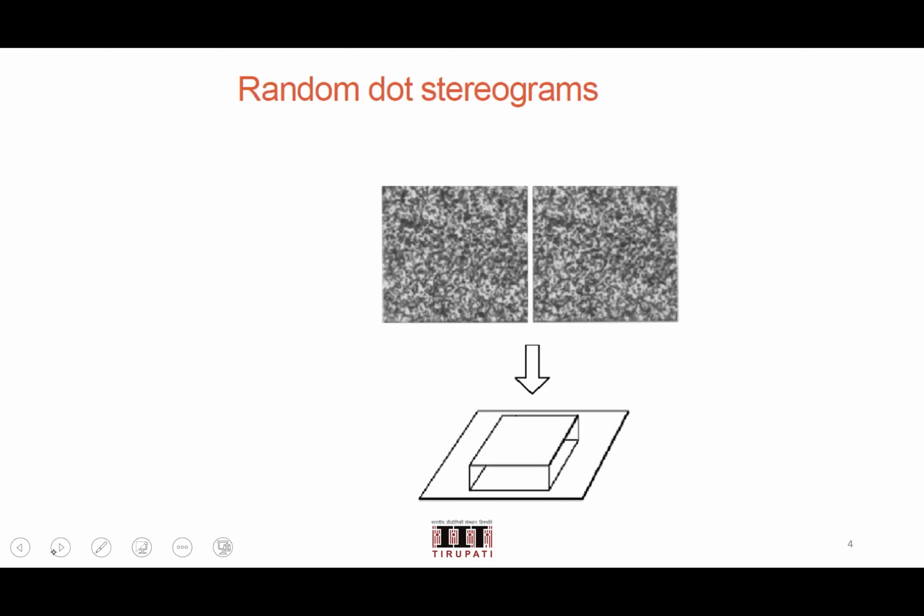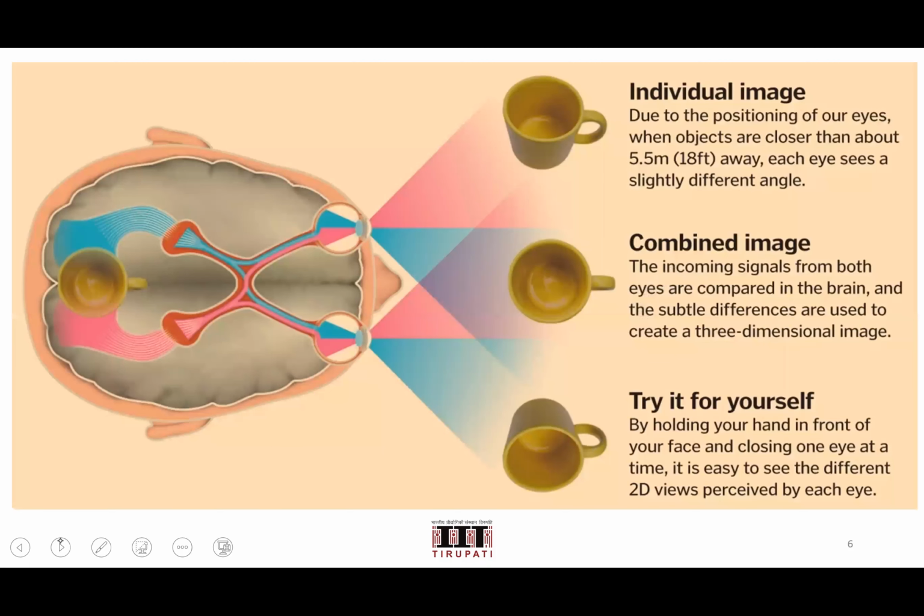So fusing, for example, maybe this is better. Okay, look at this image. Let me go to pen mode. Assume that this is the left eye. You got one image from that, correct? And there is another image that your right eye is capturing. Fusing is combining them, and you don't see two cups when we see it.